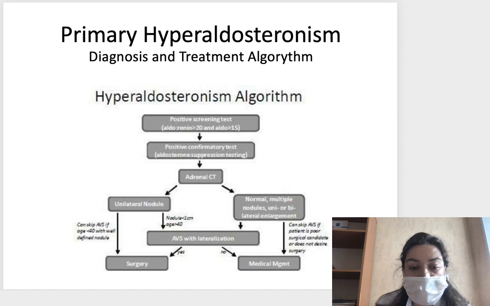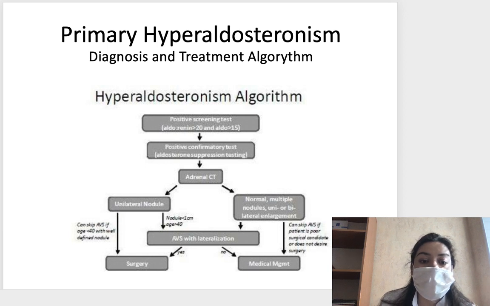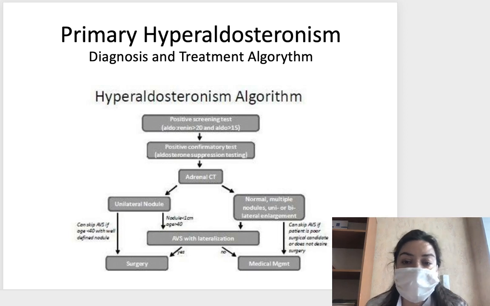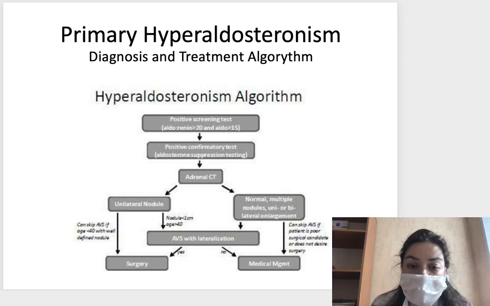If we find it, we should provide surgery after confirming adenoma with lateralization. If we find normal findings or multiple nodules or unilateral or bilateral enlargement, we do testing with lateralization too and provide medical management.